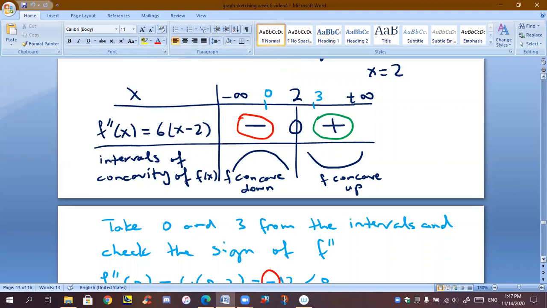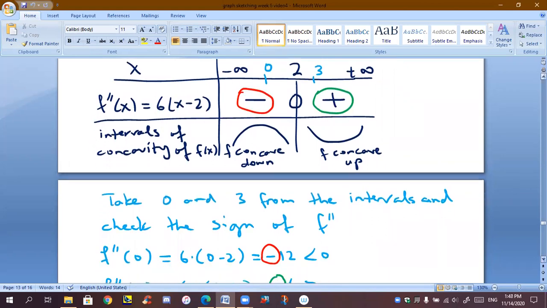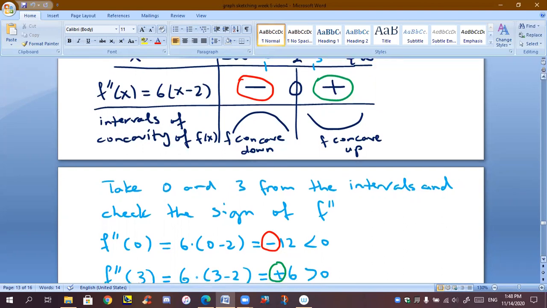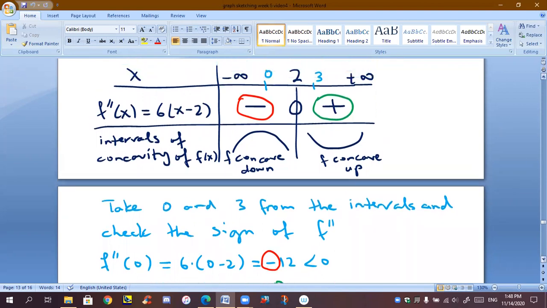Then I put these numbers into the second derivative. From 0, I have 6 times 0 minus 12, which is minus 12, a negative number. So on that interval, f double prime is negative. For 3, I find 6 times 3 minus 12, which is plus 6, positive. So on that whole interval, the second derivative is positive.